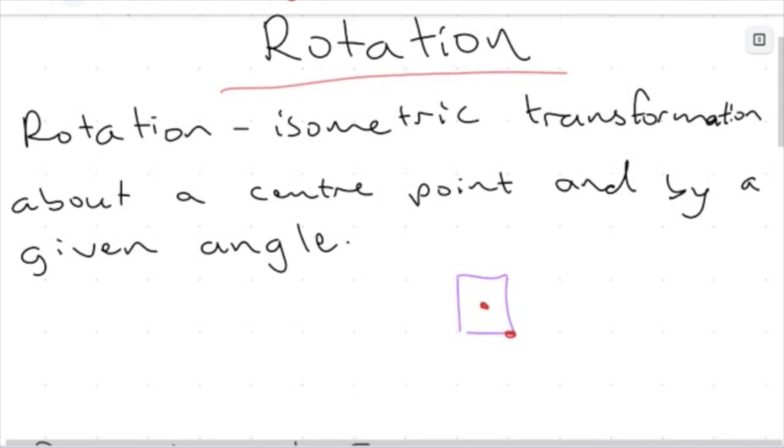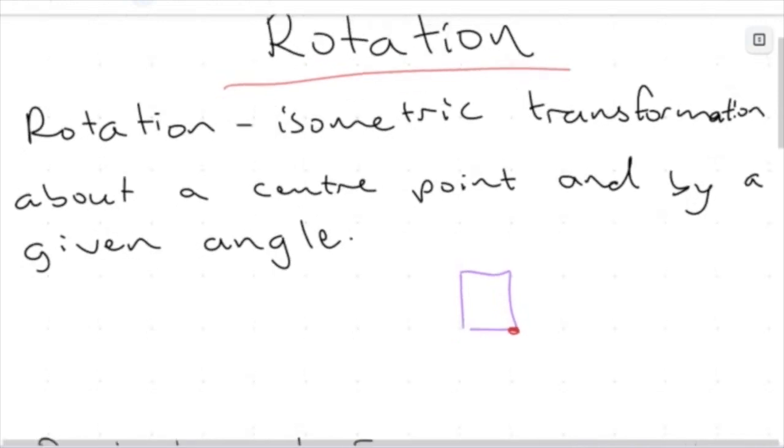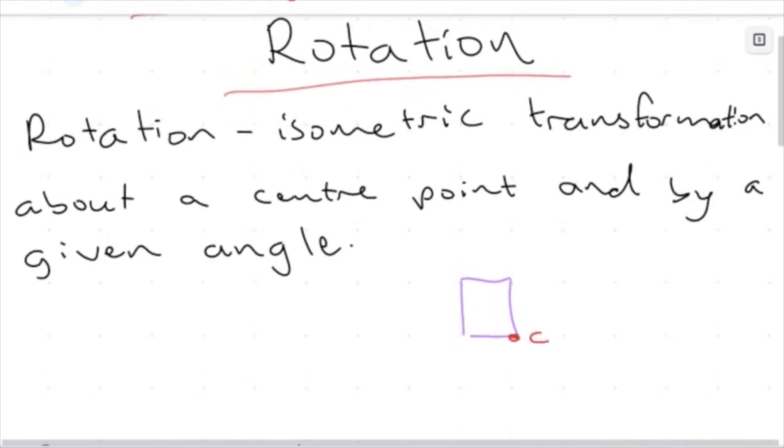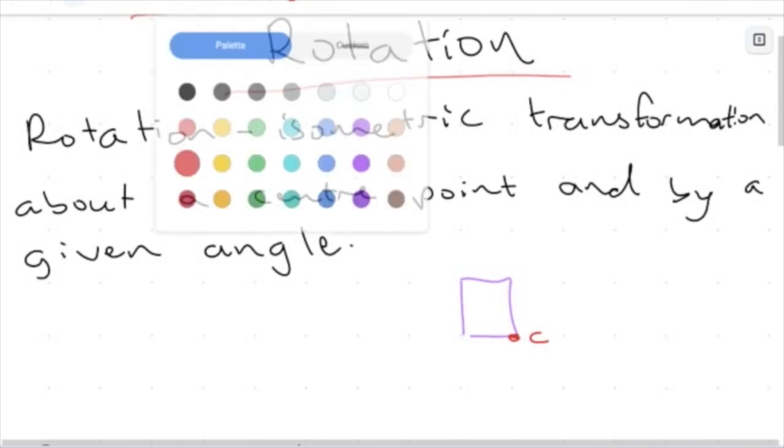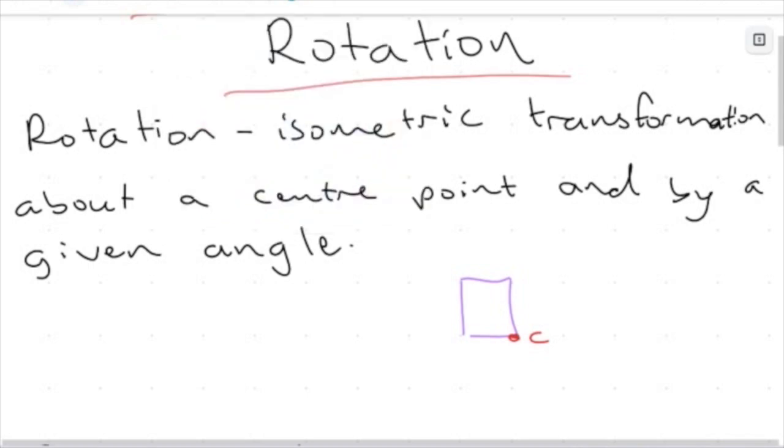And I'll give you some tools to visualize this a bit later, but we are just rotating a shape, and where the shape ends up depends on our point. Where are we actually rotating it around? So this point, for example, here, let's say this is the center point C. If I wanted to, for example, rotate this thing 180 degrees, I'm going to be taking this whole thing and rotating it around 180 degrees.